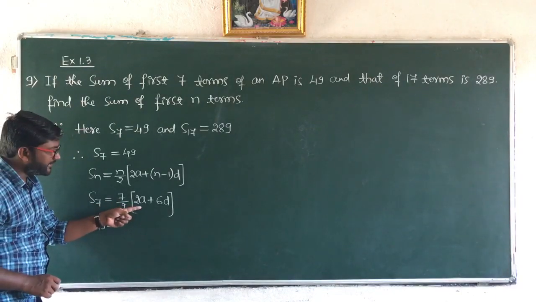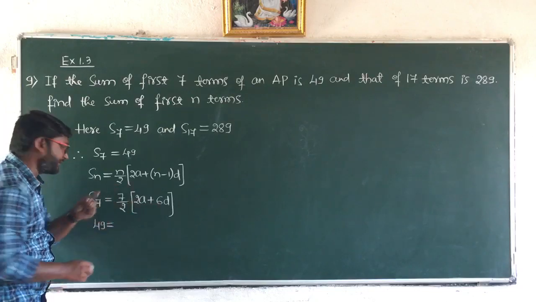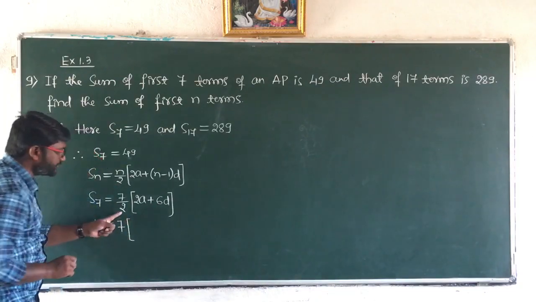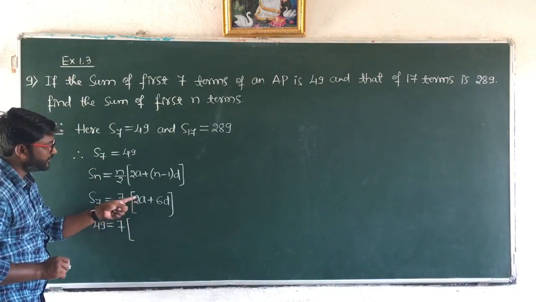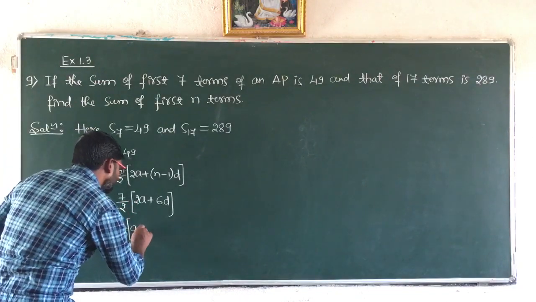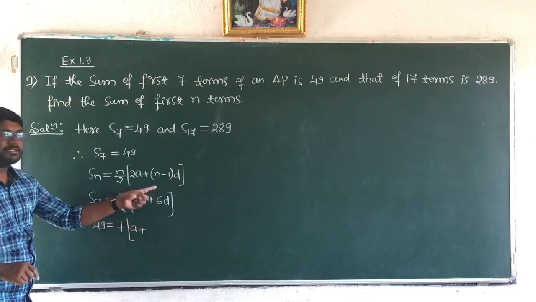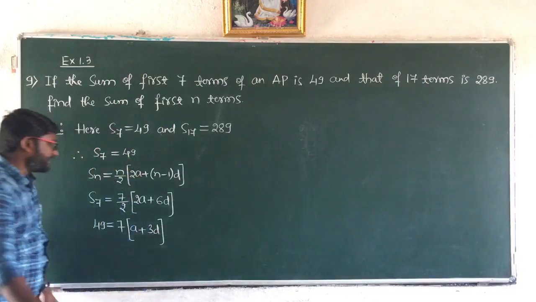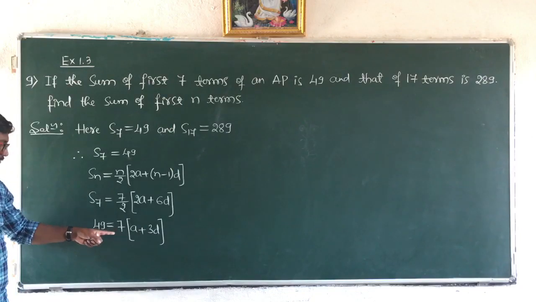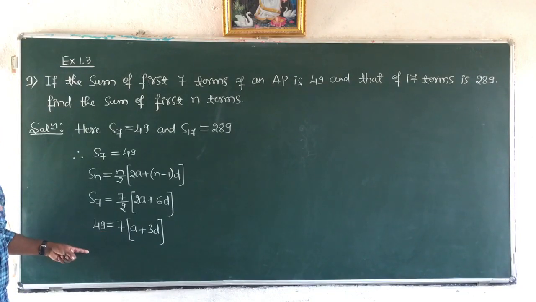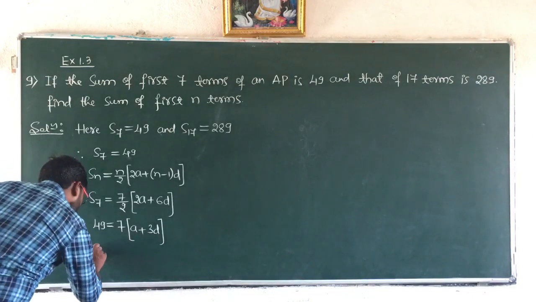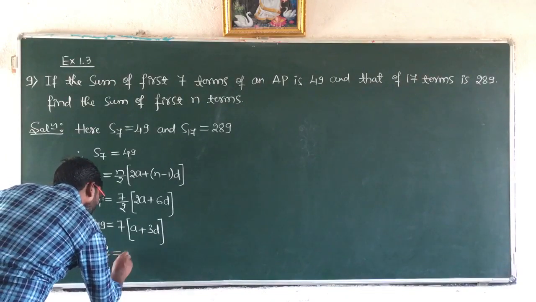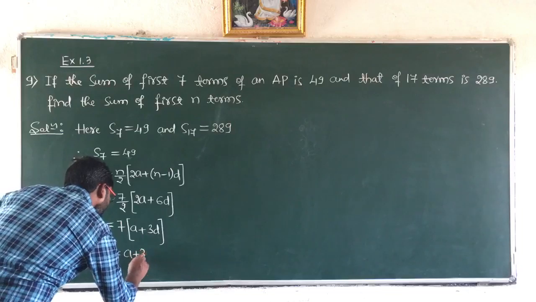It will be divided to the first term as well as to the second term. I write 7 as it is. Then I am taking these 2 inside the bracket. 2 and 2 get cancelled. We get only a here. Plus 2 threes are 6, we get 3d. Now in the next step, you take 7 to the LHS. It goes to the denominator. We get 49 divided by 7, which is equal to a plus 3d.